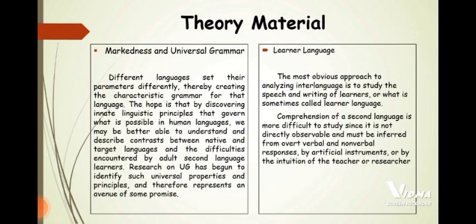Theory material: markedness and universal grammar. Different languages set their parameters differently, thereby creating the characteristic grammar for that language. The hope is that by discovering innate linguistic principles that govern what is possible in human language, we may be better able to understand and describe contrasts between native and target language and the difficulties encountered by adult second language learners.